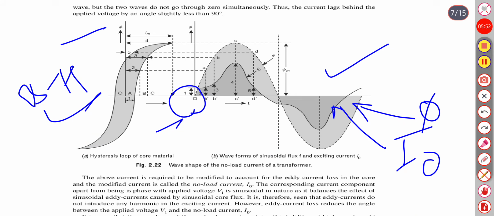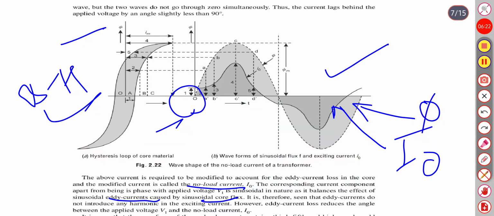The above current is required to be modified on account of the eddy current loss in the core, and the modified current is called the no load current I0. The corresponding current component, apart from being in phase with the applied voltage V1, is sinusoidal in nature, and it balances the effect of sinusoidal eddy current caused by sinusoidal core flux.